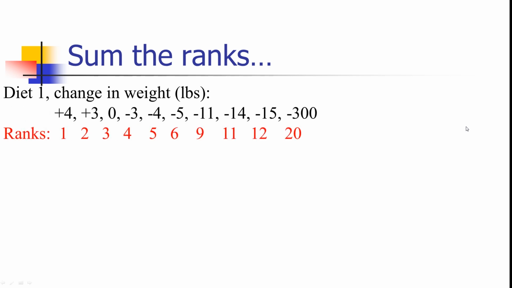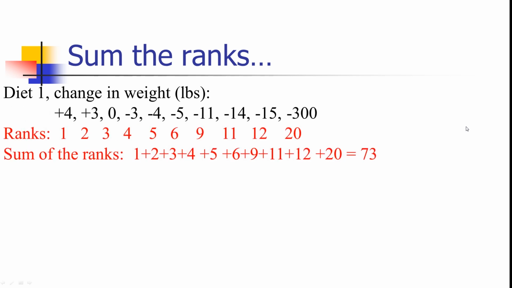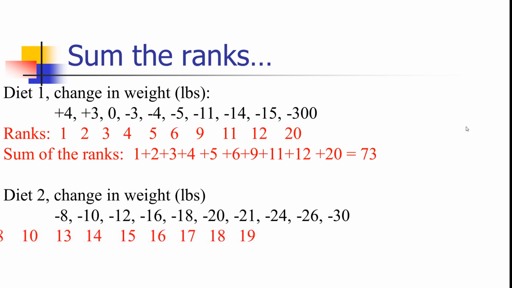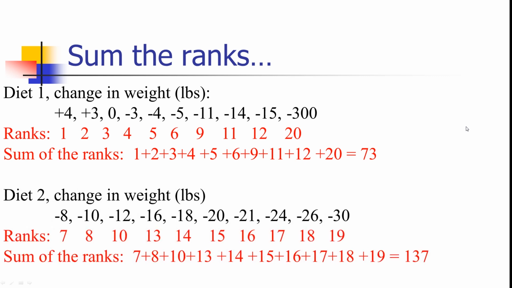So we take the ranks from diet 1 and we add them up. We come up with a sum of the ranks of 73. Do the same thing with diet 2. We come up with a sum of the ranks of 137. Notice that 137 is much bigger than 73. Where we need the formal Wilcoxon rank sum test is to actually say whether that 137 versus that 73 is a difference that could have arisen by chance, or whether it likely represents a real difference between those diets.